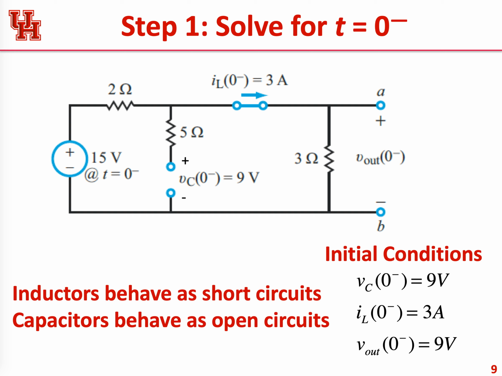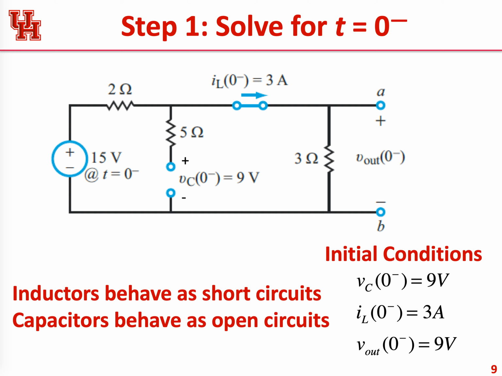But if you look at the capacitor, there is not going to be any current flowing through it. So for all practical purposes, this capacitor appears as an open circuit, and it's going to have some initial voltage across it. We need to figure out what that is.